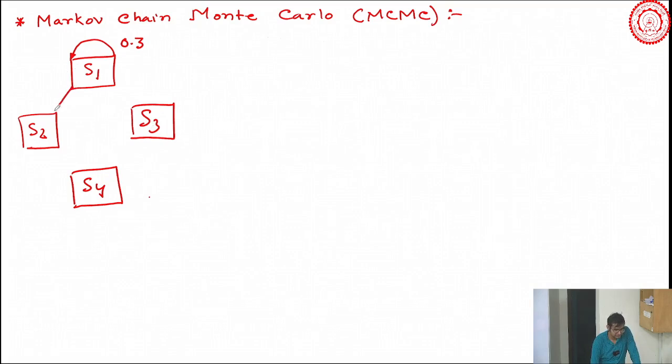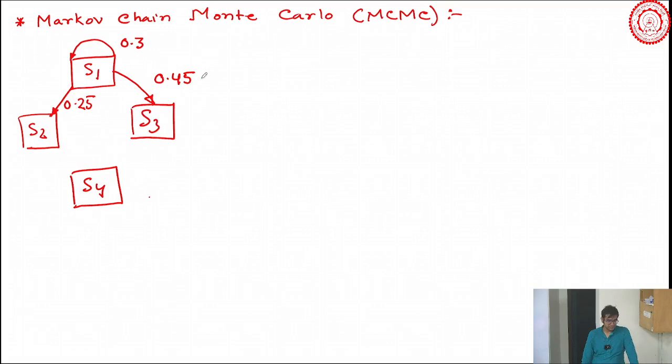Similarly, given that today it is hot, tomorrow it will be very hot, let's say S2 is very hot, with probability 0.25. Given that today it is hot, tomorrow it will be mild, and that probability is the difference, 0.45. And given that today it is hot, tomorrow it will never be cold. I'm making these things up obviously, but that is to explain what these arrows mean.